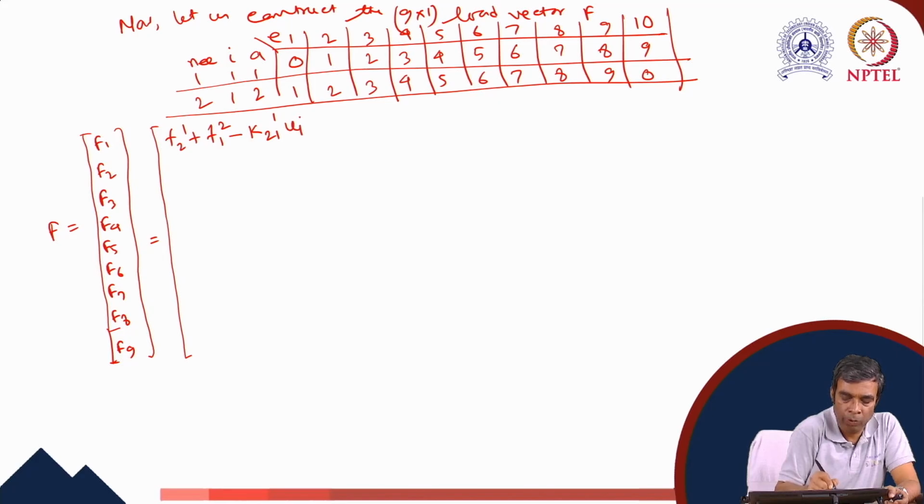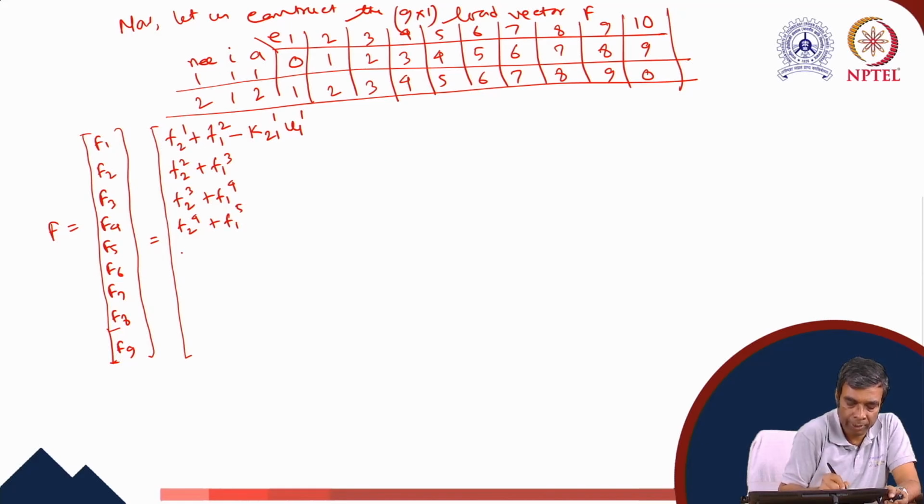K 2 1 1 U1 1. Then we have F2 2 plus F1 3. Then F2 3 plus F1 4, F2 4 plus F1 5, F2 5 plus F1 6, F2 6 plus F1 7, F2 7 plus F1 8, F2 8 plus F1 9.